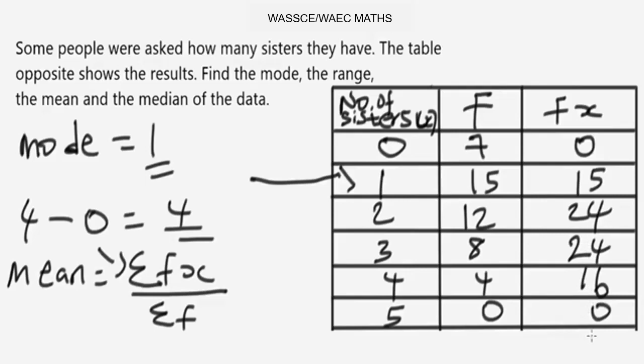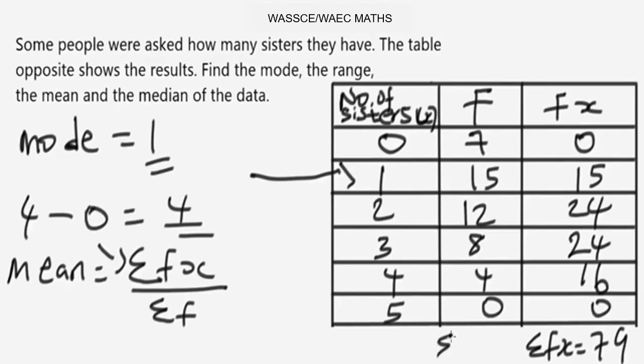When you add what you have at this fx column, your sigma fx will be 79. When you add what you have for the frequency, your sigma f will be 46.